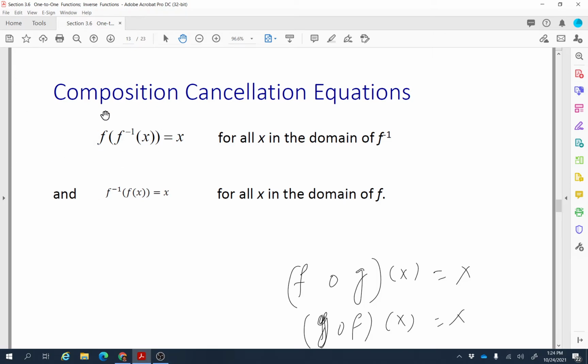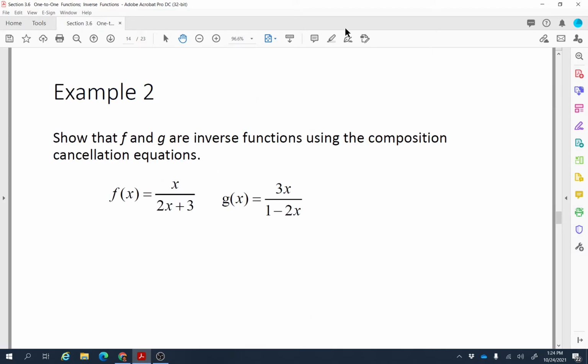For example, let's say f of x and g of x are two functions, and we need to find out whether they are inverses of each other or not. To be inverses of each other, f composite g should be x. Similarly, g composite f should be x. From both sides, the output should be x.